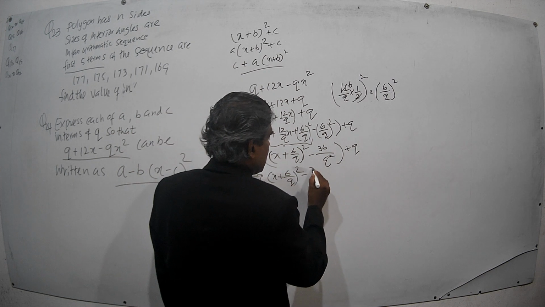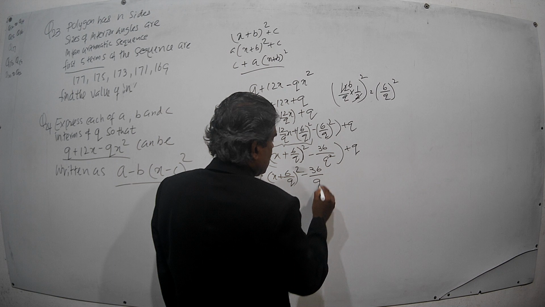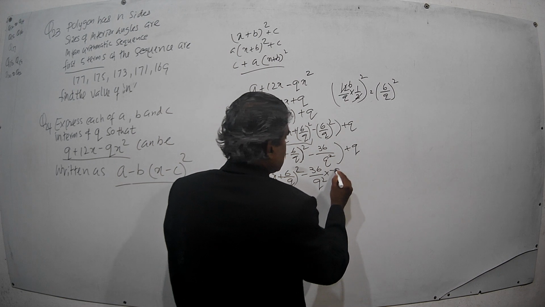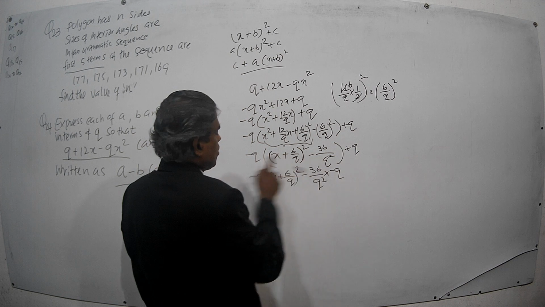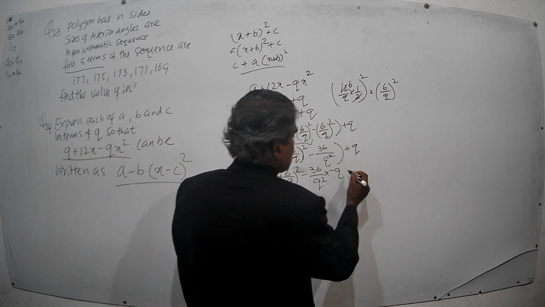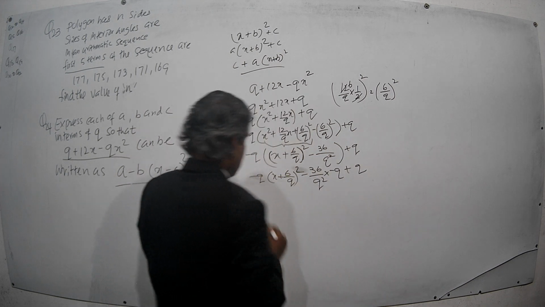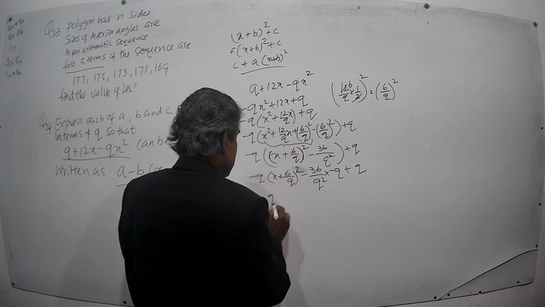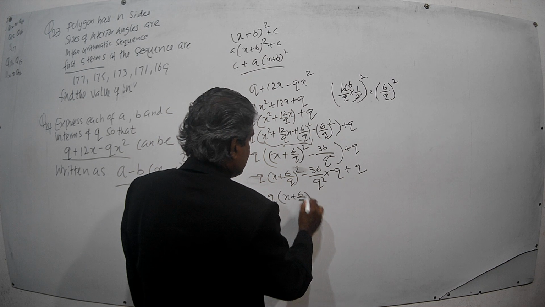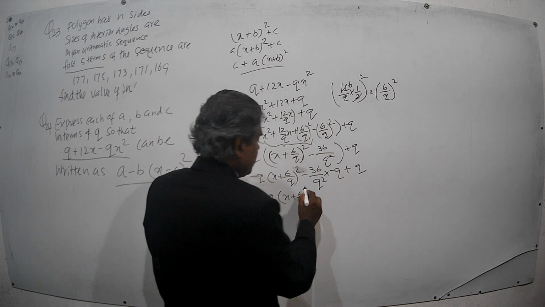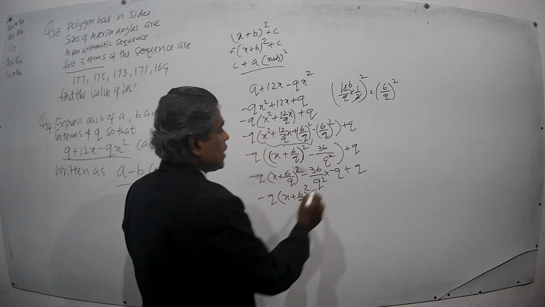Then that will be 36 over q squared into minus q. We multiply this by this term. This term also was multiplied by minus q. Then plus this q. Okay. Now here minus q, we can simplify further: x plus 6 over q, squared, and minus, then you can simplify this one.